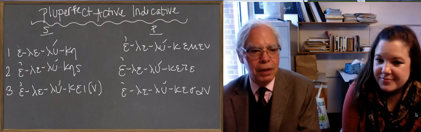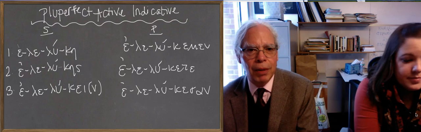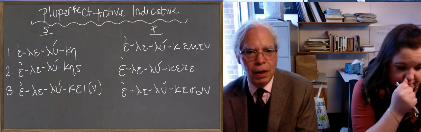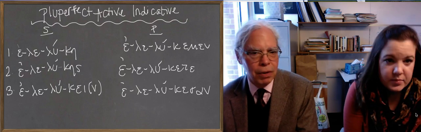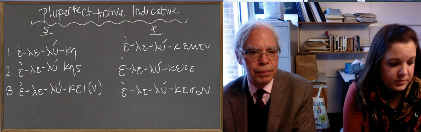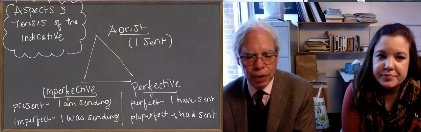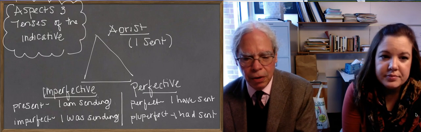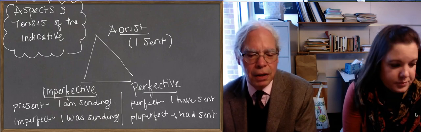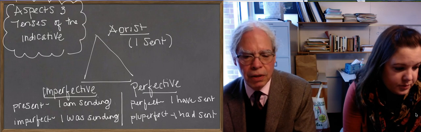The next concept, on the third blackboard, is what these things mean and how we understand the aspectual difference, and in concrete terms how we translate now the complete system of the indicative of the Greek verb.